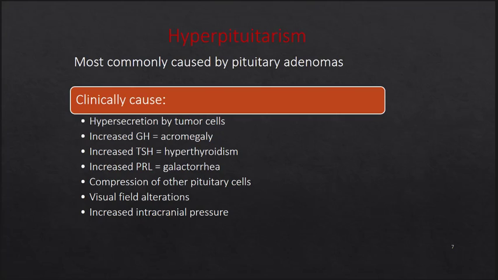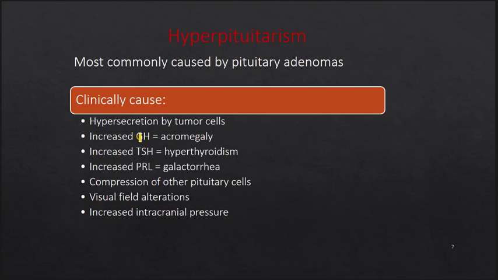But if it's putting pressure on the cells around it, then it can cause hyposecretion of the hormones of that cell type. So in other words, the tumor itself can cause hyperpituitarism of the cells that it is affecting, and it could cause hypopituitarism of the neighboring cells around it that are being compressed.